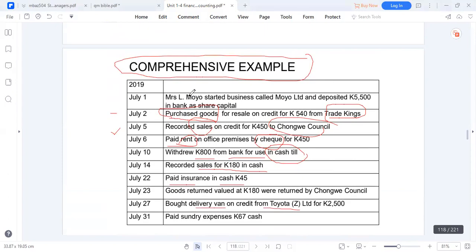Okay, so good afternoon once again. So let's look at this example on the double entry system.